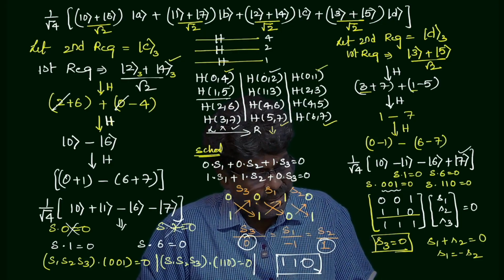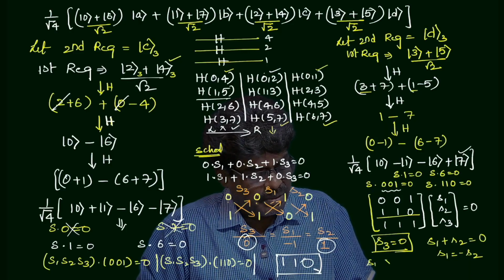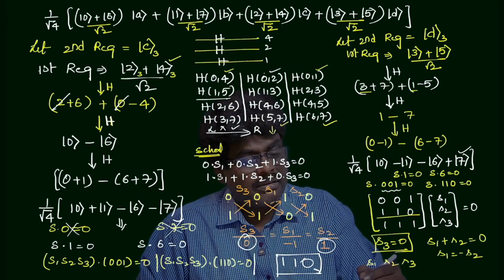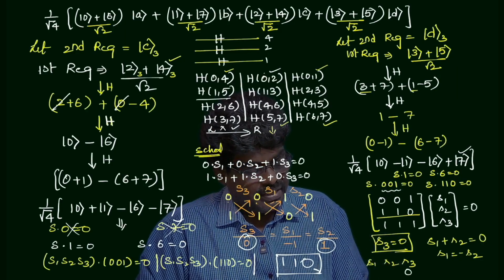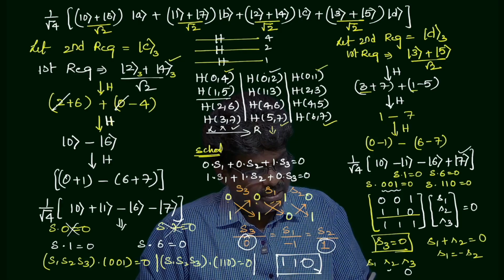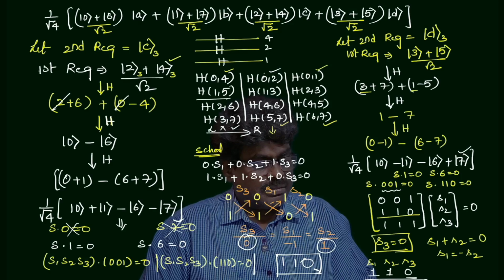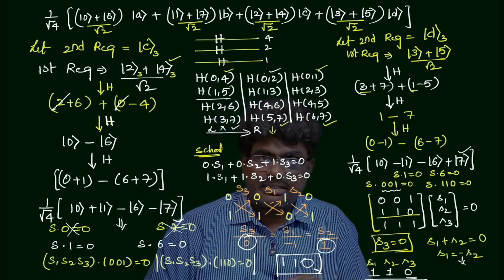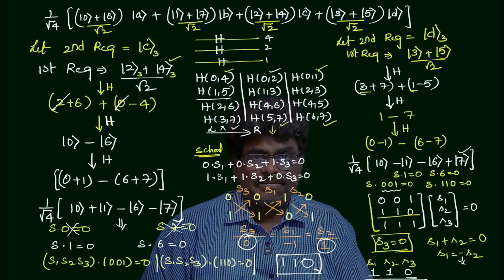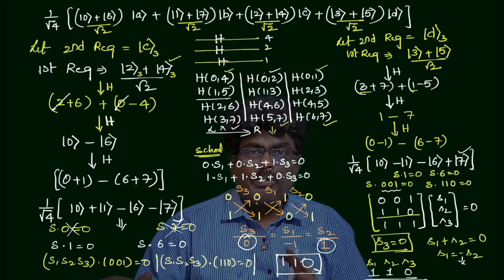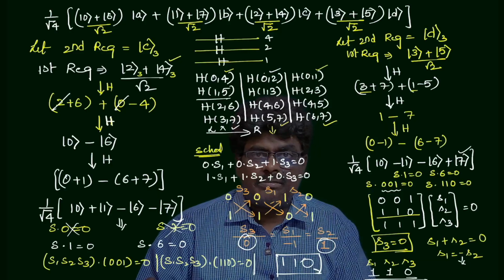So definitely s3 is a 0, s1, s2, s3. So I can take s3 already fixed 0. If I take s2 as a 1, so this is also 1. Forget about this minus factor, like this also we can do. Okay, right. So I hope you understand this Simon algorithm example.